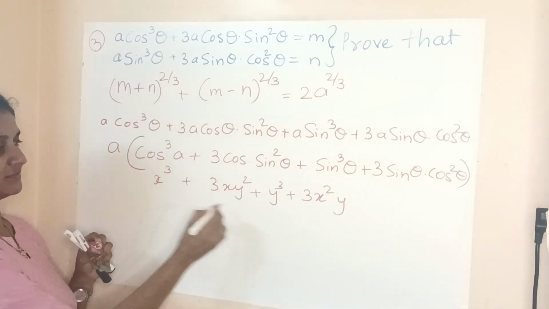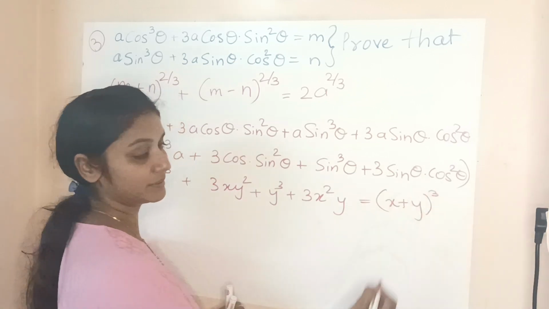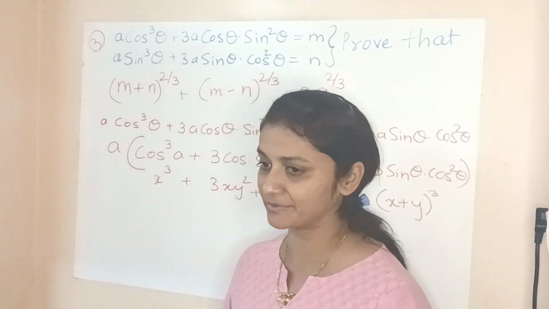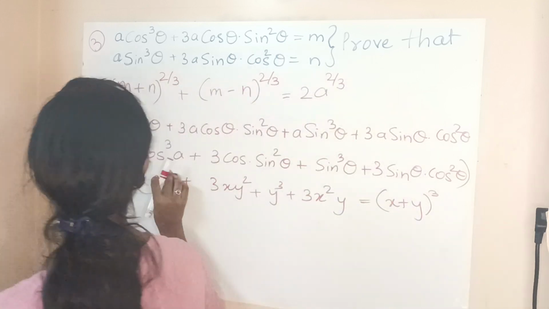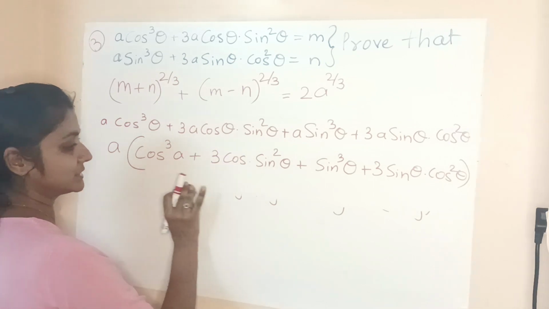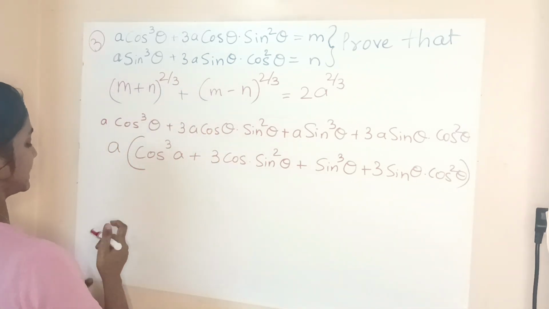However, is this the formula for x plus y whole cube? Remember last year's factorization chapter? Yes, formulas? Easy? So it is very easy now. That much big railway train which is written here will condense into a small passenger train.